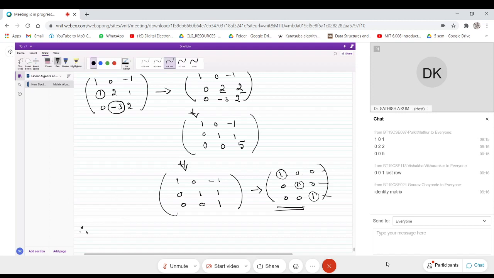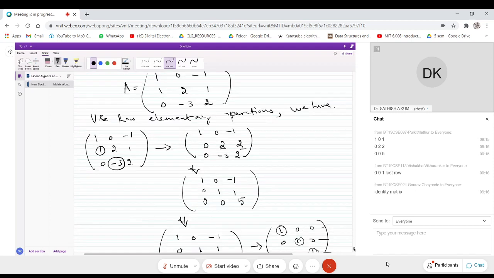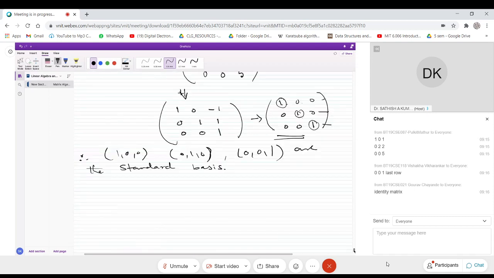So therefore we can say that 1 0 0, 0 1 0, and 0 0 1 are the standard basis. So independence analysis is done, and it will also form a basis, because it reduces to 1 0 0, 0 1 0, 0 0 1.